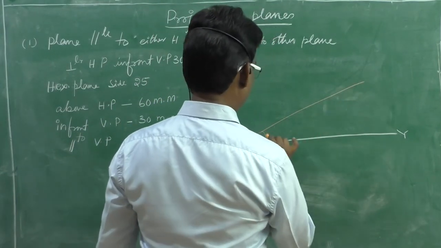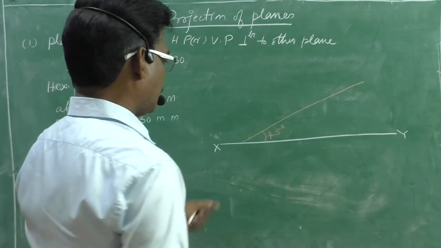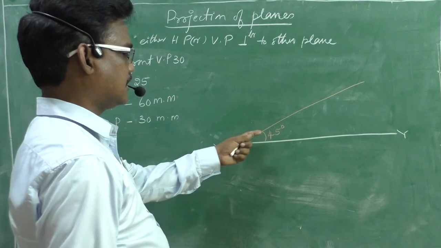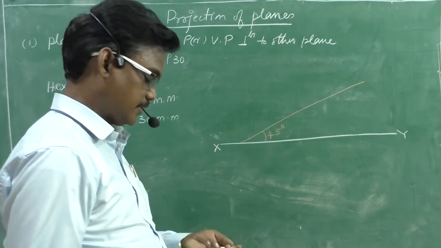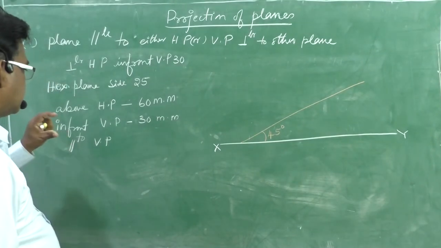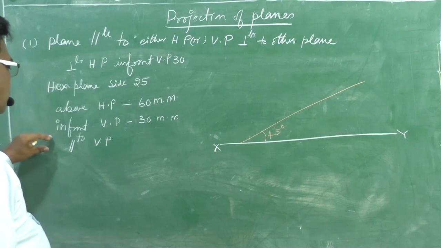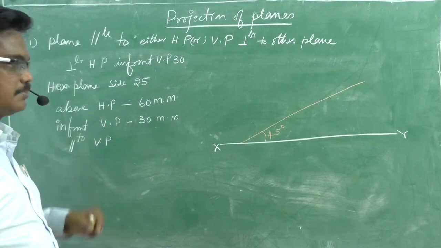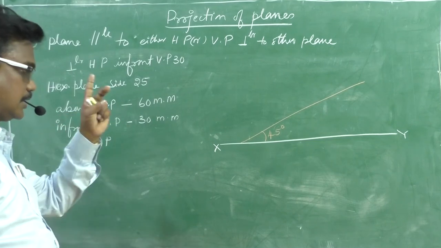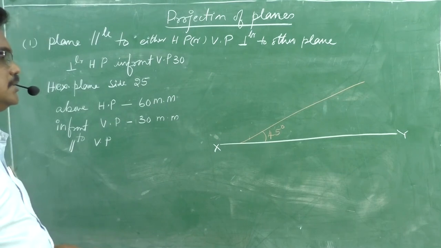This is a 45 degrees line. One side of the plane is inclined with the HP 45 degrees. And another thing is, the center of the hexagonal plane is above HP 60 mm. These two conditions we need to satisfy, right?